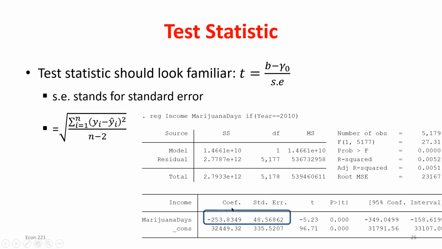What would the expected income be for someone who smokes marijuana 5 days a month? Well, your value of the intercept is 32,449, and then you would subtract from that 253 times those 5 days, and that would give you your predicted income for that person, right?